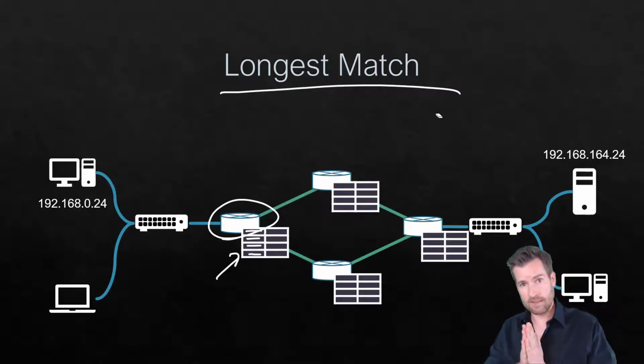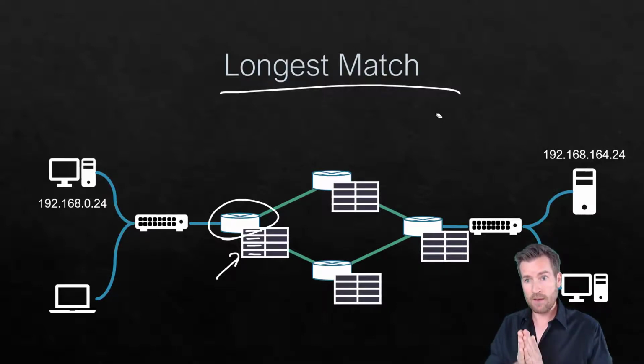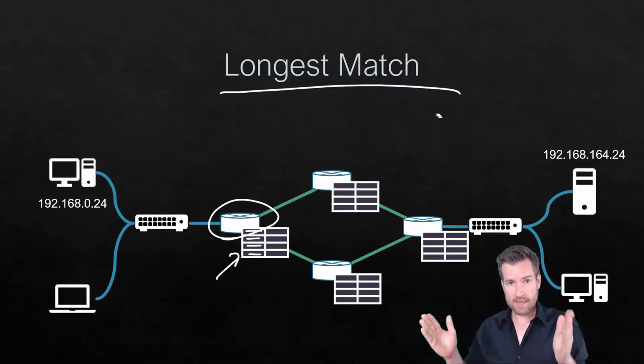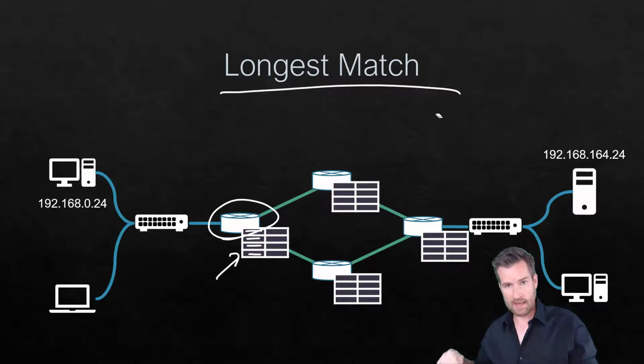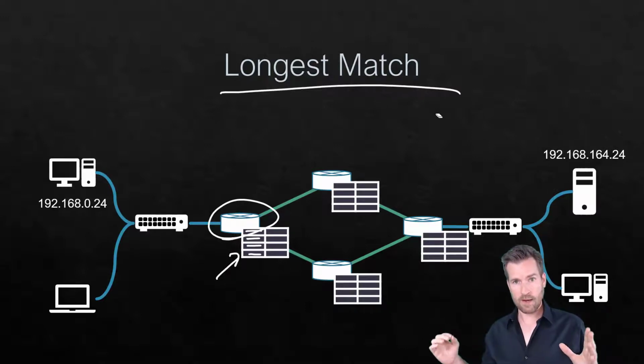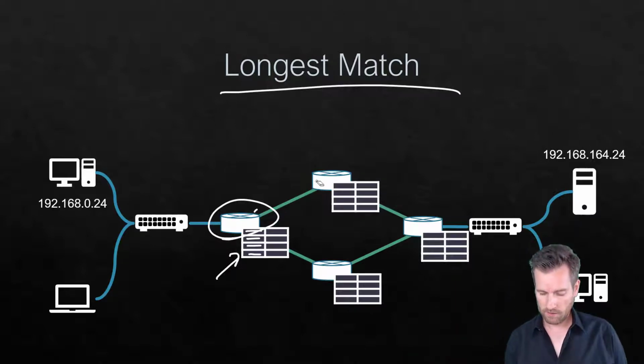We'll get more into this in the future, but essentially when that packet comes in, it's going to look at the destination IP address, and the most bits that line up with a network address, that is going to be the route it chooses to get it to its final destination.